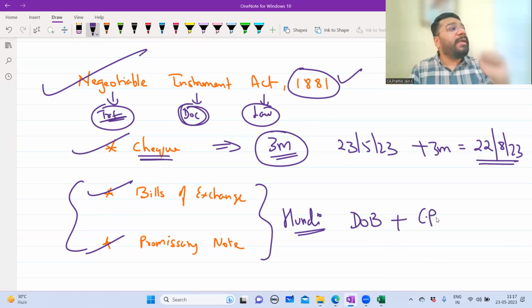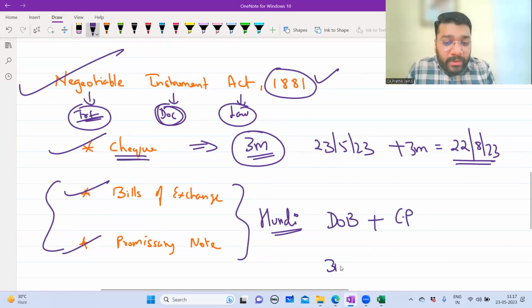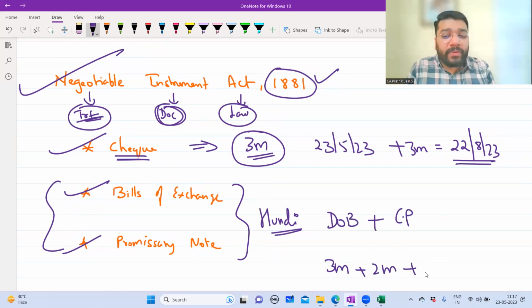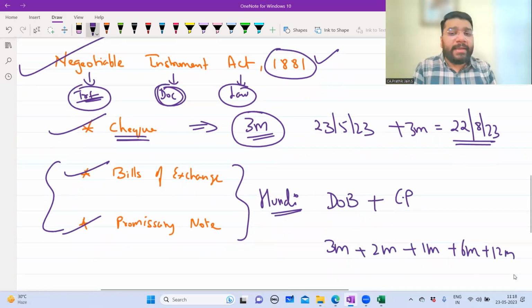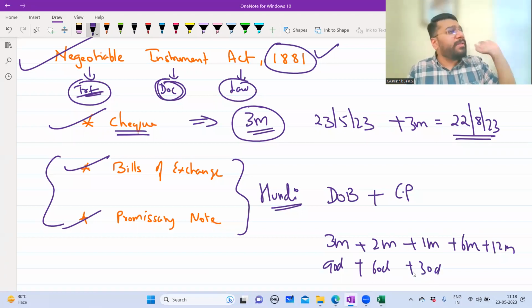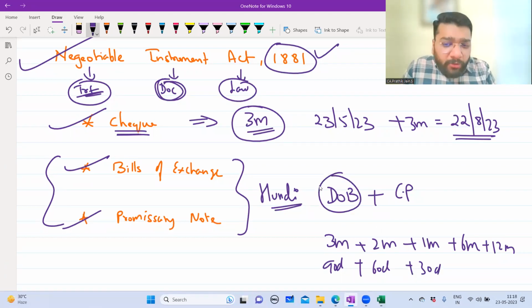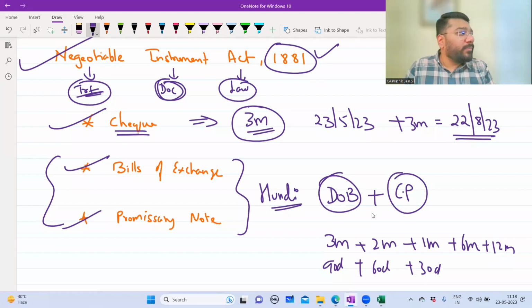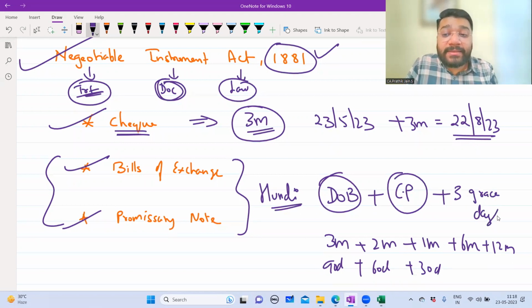The credit period can be 3 months, 2 months, 1 month, 6 months, 12 months, anything. Or it can be in days also, 90 days, 60 days, 30 days, whatever days or months you guys decide. So with the date of the bill, you add the credit period.